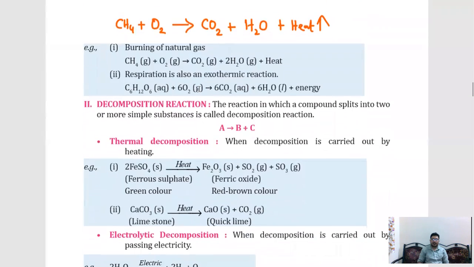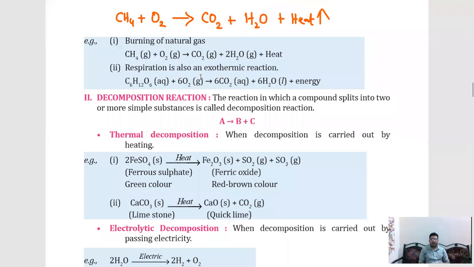You can take another example, respiration. Our body is warm; we are warm-blooded animals. Why? Because C6H12O6, glucose, plus O2, the oxygen we inhale, gives what we exhale: carbon dioxide.